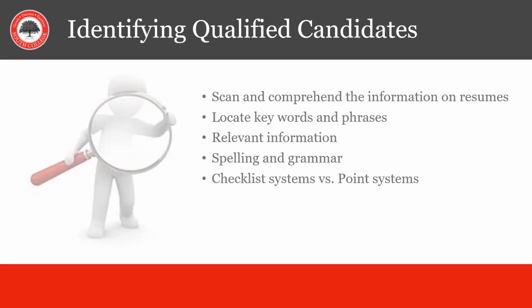This means that even if you're the most qualified candidate in the world for that position, maybe that job description was written just for you, it still doesn't mean that you're going to move on in that process.